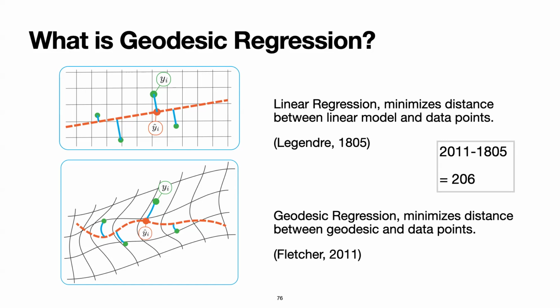So in curved space, the path that will realize the shortest distance will be a curvy path like this. So this on a manifold is the same idea as a line in Euclidean space.